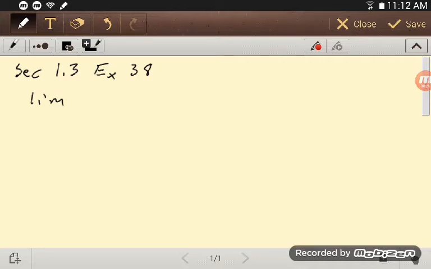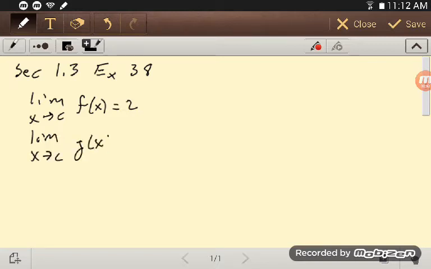And we're told that the limit as x goes to c of f of x is equal to 2, and the limit as x goes to c of g of x is equal to 3/4. And then we're asked to find these various limits.